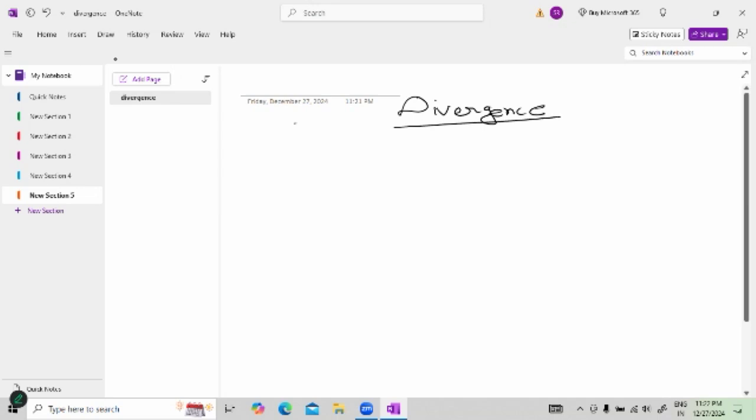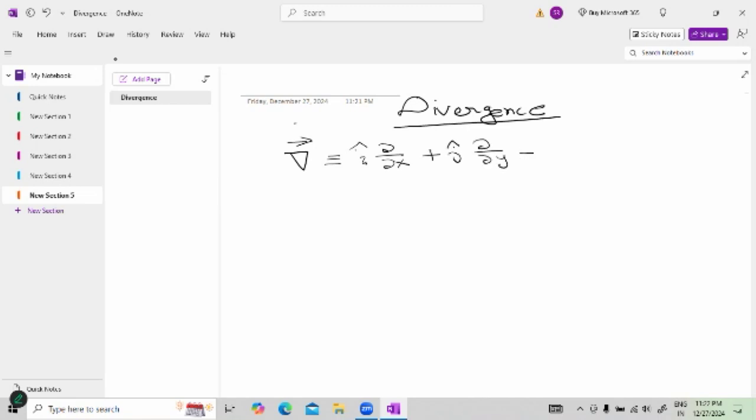So, what a divergence is: first of all, we did know what a del operator is. Del operator is nothing but i cap del x plus j cap del y plus k cap del z.